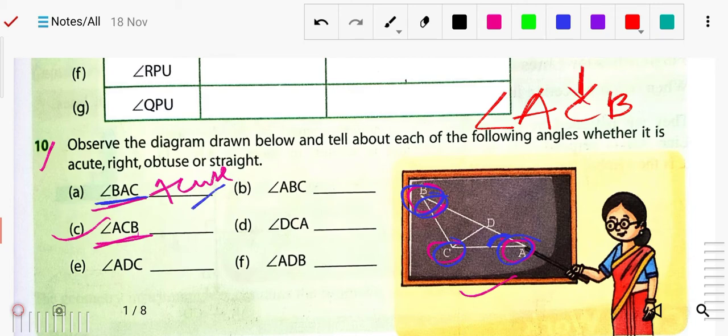So the vertex will be at C. So this angle at this point we have to find. ACB means this angle we have to find out. Okay, so this angle, of course you can see, is more than 90 and less than 180. So between 90 and 180, this is obtuse. Okay, so you can write obtuse angle. So likewise you have to see the angles and write.